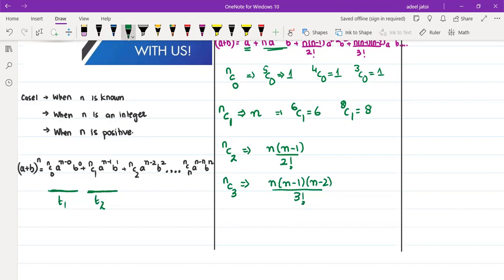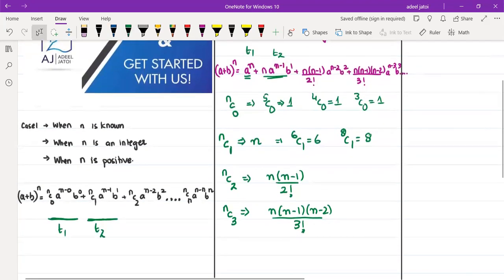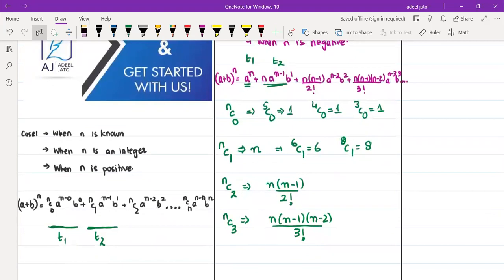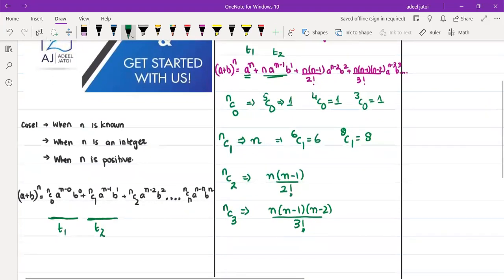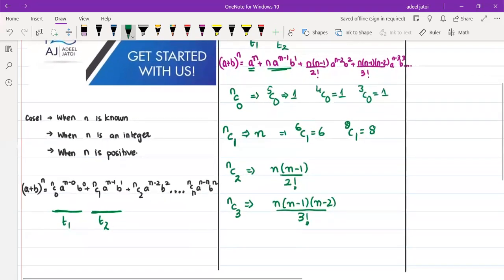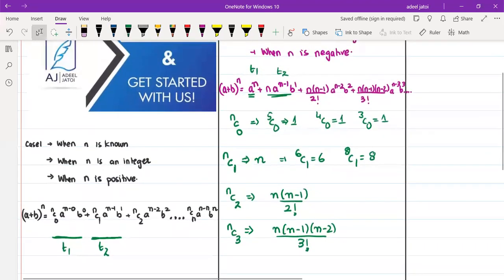Now, what is the difference between these two formulas? In formula number 1, you will need the calculator to find nC1, nC2, nC3, nC4. Whereas the second formula can generally be solved without a calculator as well.